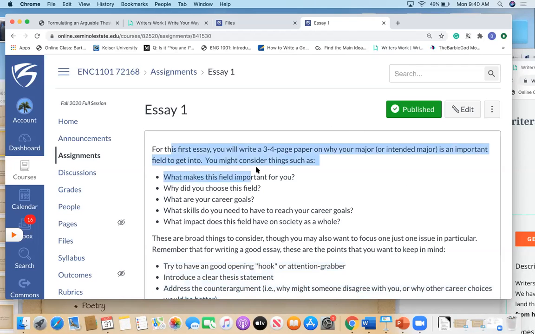If this first topic, what your major is, doesn't appeal to you, or if you want to write about something different, I'm going to give you an alternative topic that you can write about, which is about social media and how it affects society. And it's something that you can have an opinion about, something that people will disagree with.